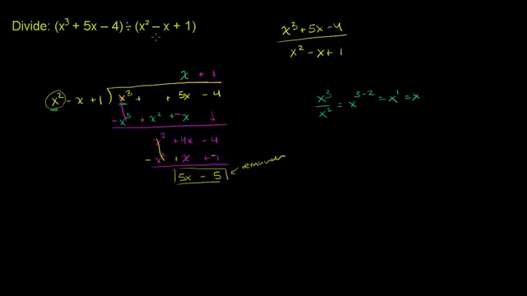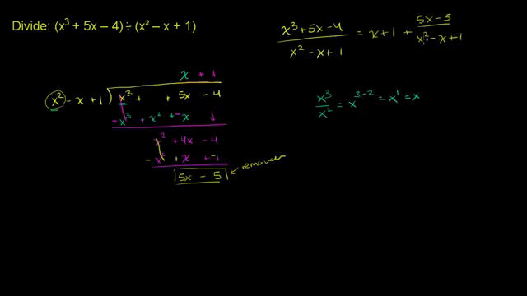So the answer to this is this expression right over here is equal to x plus 1, plus the remainder, 5x minus 5, whatever the remainder is, divided by x squared minus x plus 1.